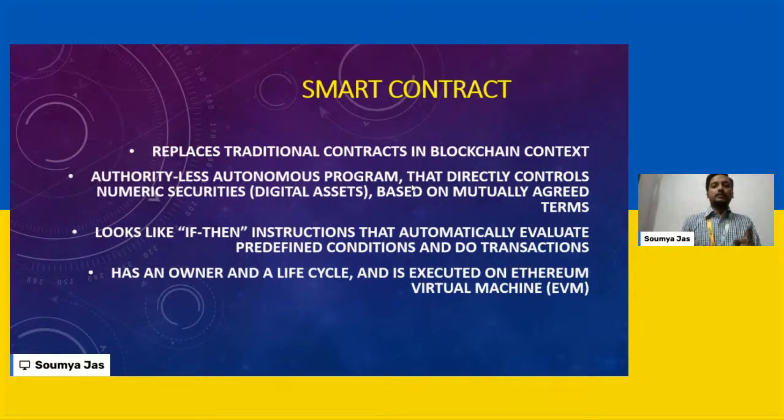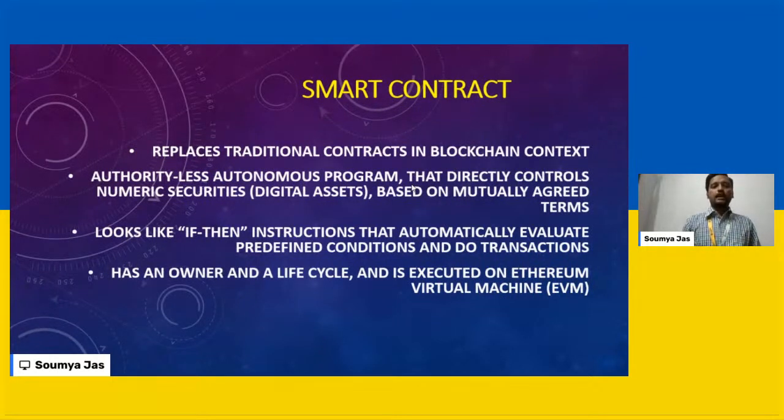That means if any contract is happening, it has to be fully completed. It is autonomous, handling digital assets based on mutually agreed terms. Every transaction has to be fulfilled and completed fully.